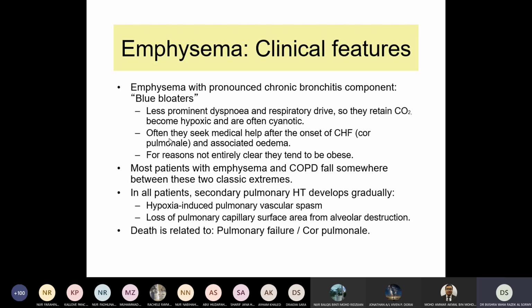In this case, the patient usually has bronchospasm and increased mucus secretion, which causes more obstruction to the airway, leading to the retaining of carbon dioxide.